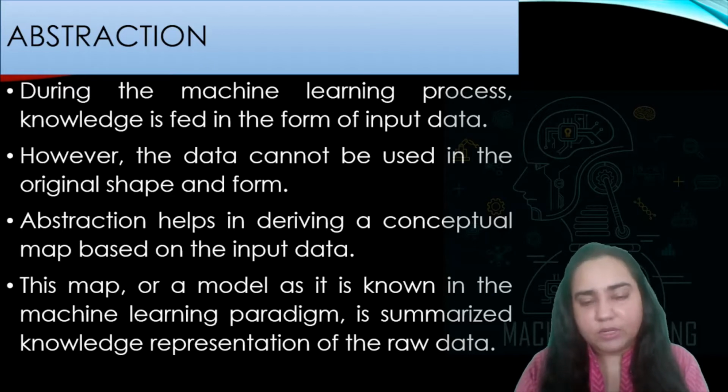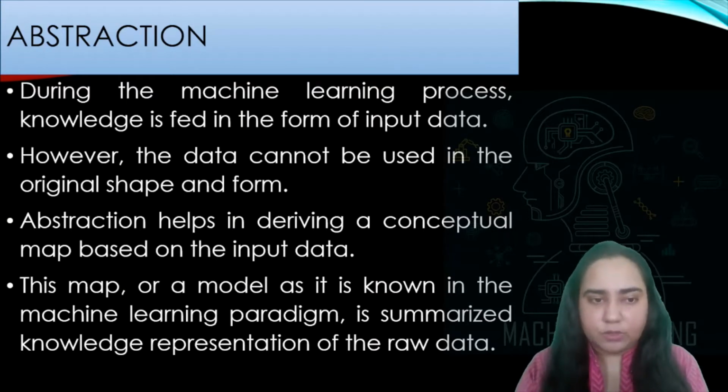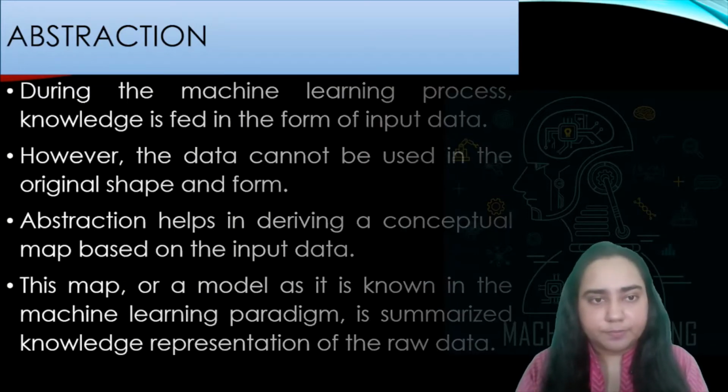So you have to create a summary and then remember the summary so that helps you to remember everything else. So that's exactly what a machine does too. It creates a conceptual map or a summary of the raw data. So it's a summarized knowledge representation of the raw data. And then that helps us to perform generalization.